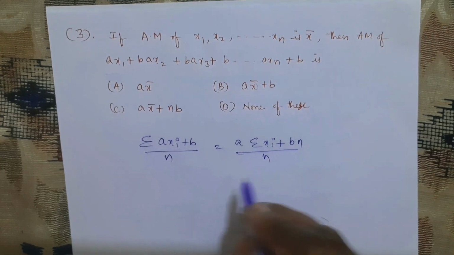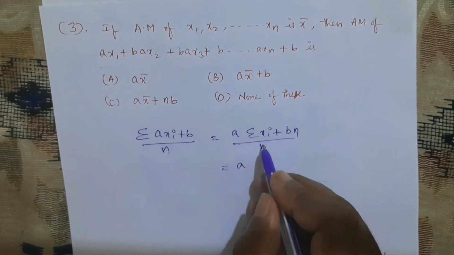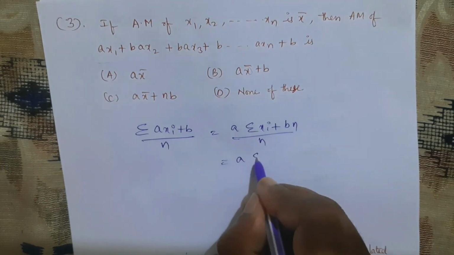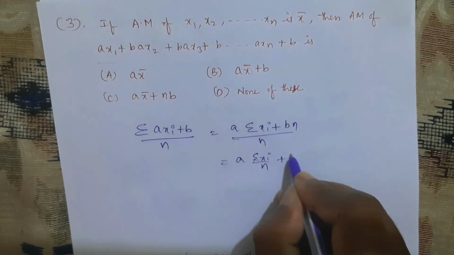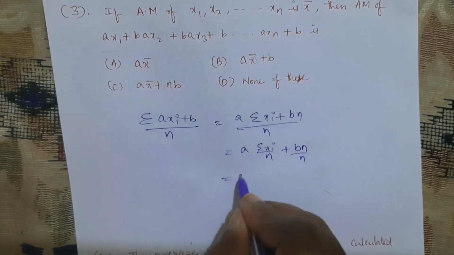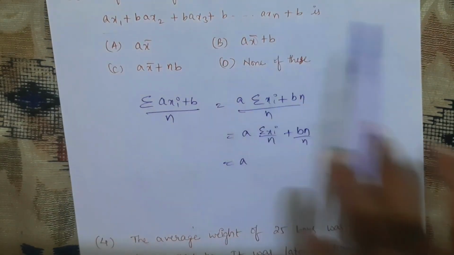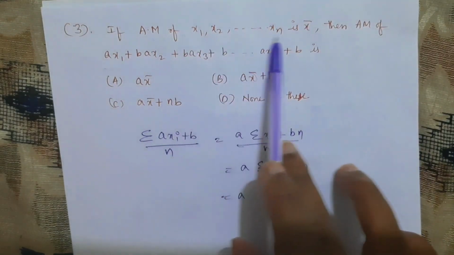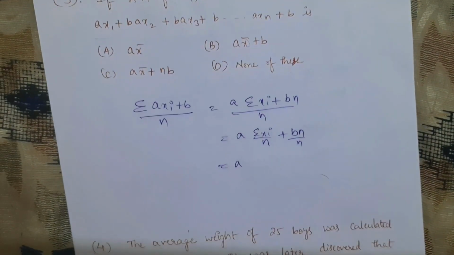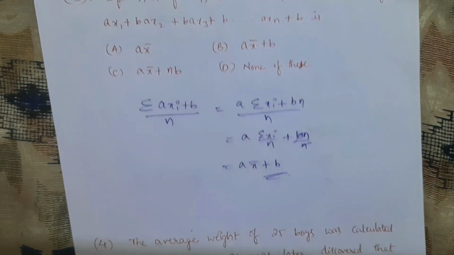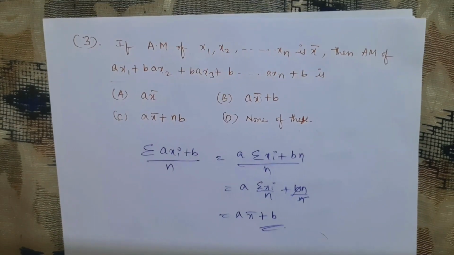Then this one we can write as a into sigma xi by n plus bn by n. This a into sigma xi by n is nothing but x bar, sigma xi by n is x bar, plus n cancels, this will be b. Observe this once again.